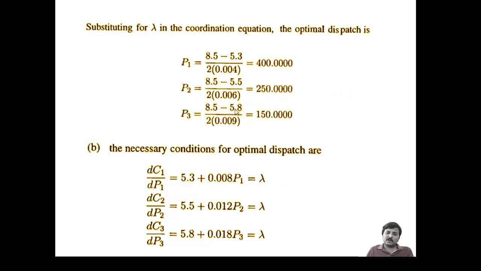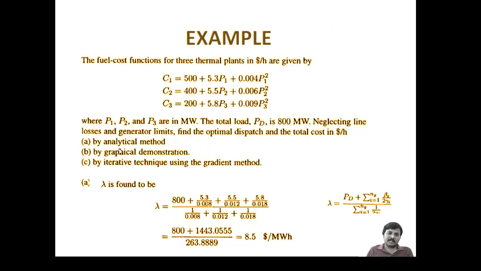P3 is equal to 8.5 minus 5.8 divided by 0.018, which is 150 megawatt. Now the total demand of 800 megawatt is split among the 3 generators: P1 is loaded with 400 megawatt, P2 with 250 megawatt, and P3 with 150 megawatt. Then the economic dispatch problem is solved very effectively. That is the first method, the analytical method.